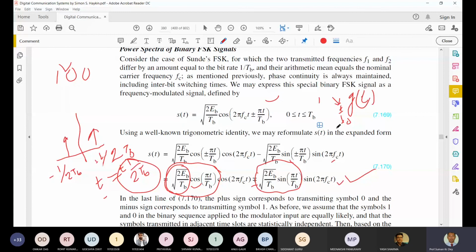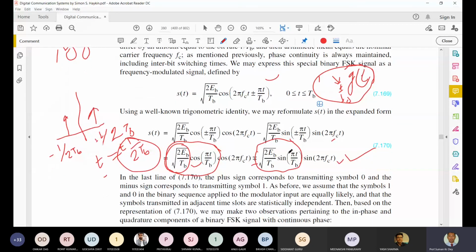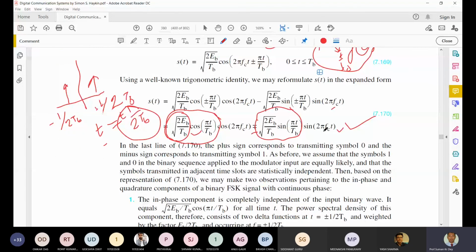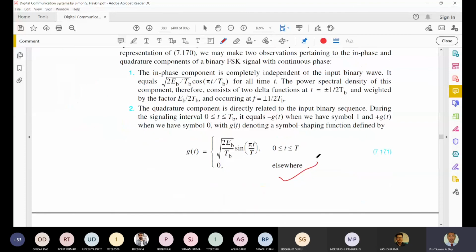Now if we compare with this signal, suppose g(t) is a quadrature function, we can write g(t) equal to square root of 2 EB by TB sine of pi t by TB for 0 to TB, and g(t) equal to 0 for other time durations. That means we can write this expression.